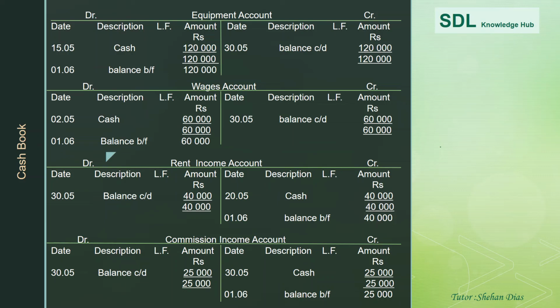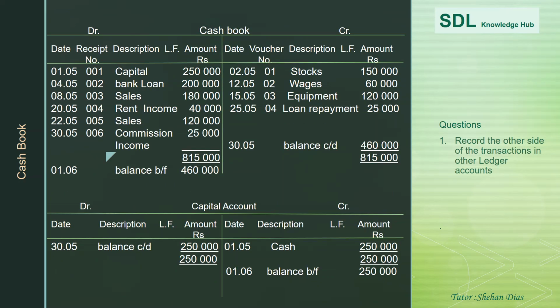So now we have recorded all the transactions in the cash book as well as in the respective ledger accounts. So what we need to do is to balance these accounts. So take the totals of both debit and credit side. If you look at the cash book, the highest total is 815 in the debit side.